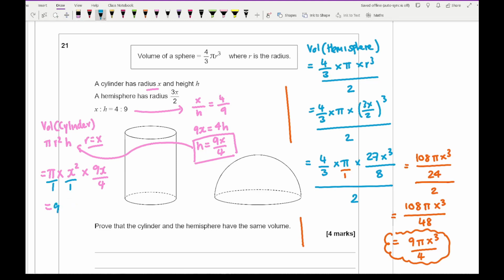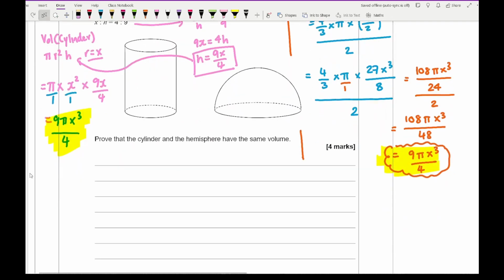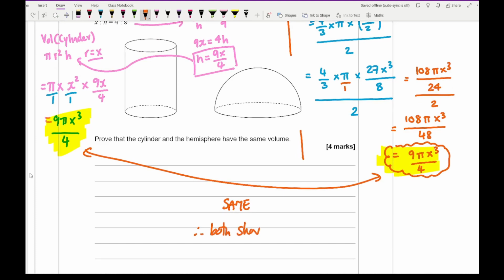Here I get 9 pi x cubed over 1 times 1 times 4, which is 4. And as you can see, these two expressions for the volume are the same. So as these two things are the same, therefore both shapes have the same volume. And there we go.